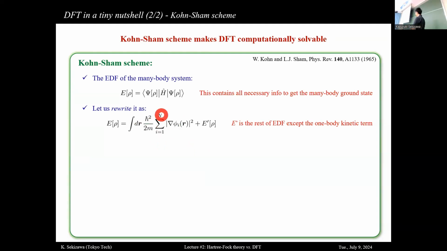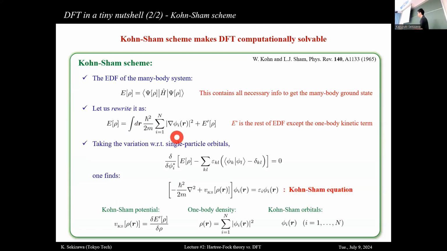So this is the kinetic energy associated with the one-body wave functions, and for the rest, we just rewrite this energy density functional as a summation of one-body kinetic terms plus something else, which is written as E prime. So this is just the introduction of this first term.